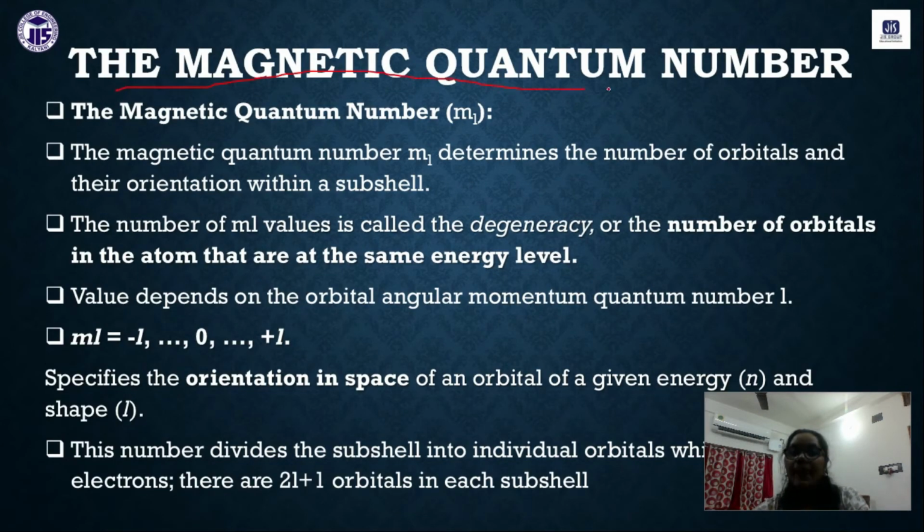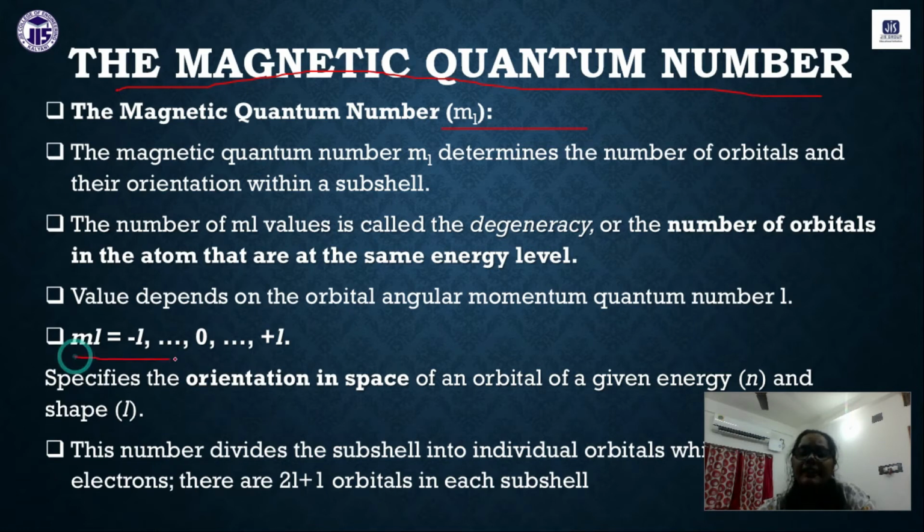Next is the magnetic quantum number. That means if we apply the magnetic field, the energy levels will be oriented in some other levels. The orientation will be different. So based on that concept, again we have to introduce one quantum number, that is magnetic quantum number, which is denoted by ml.